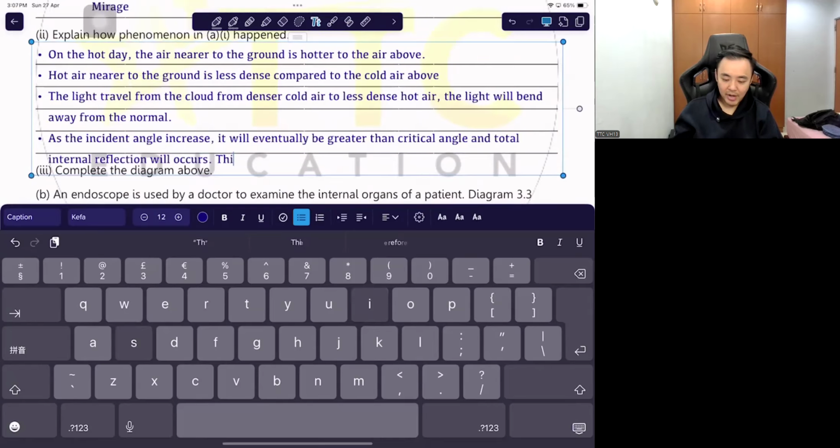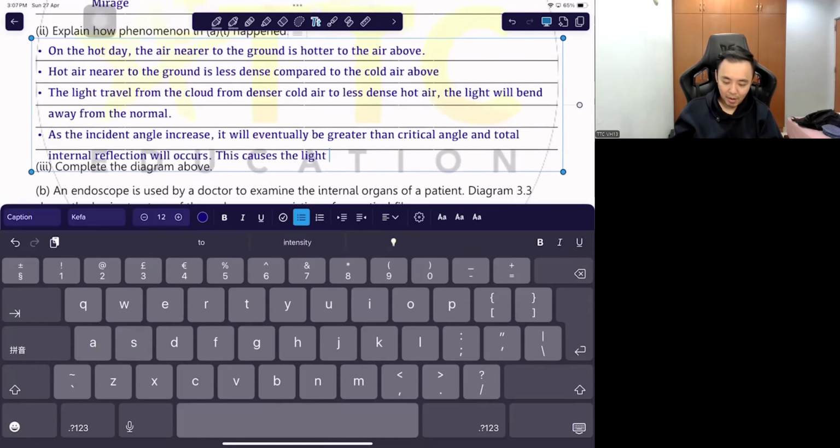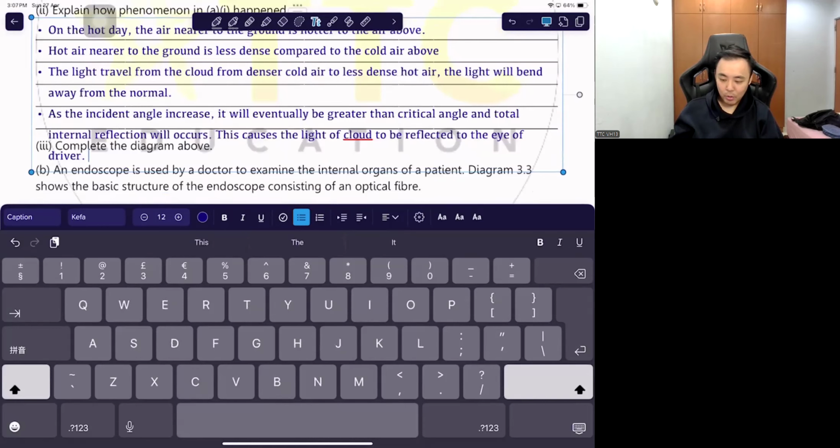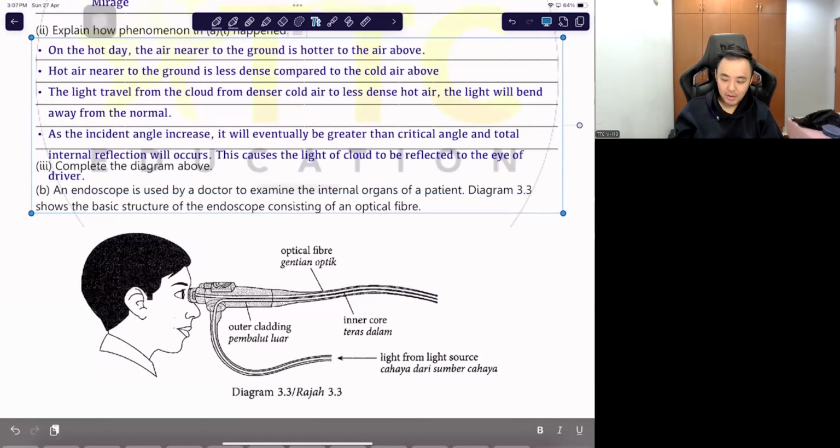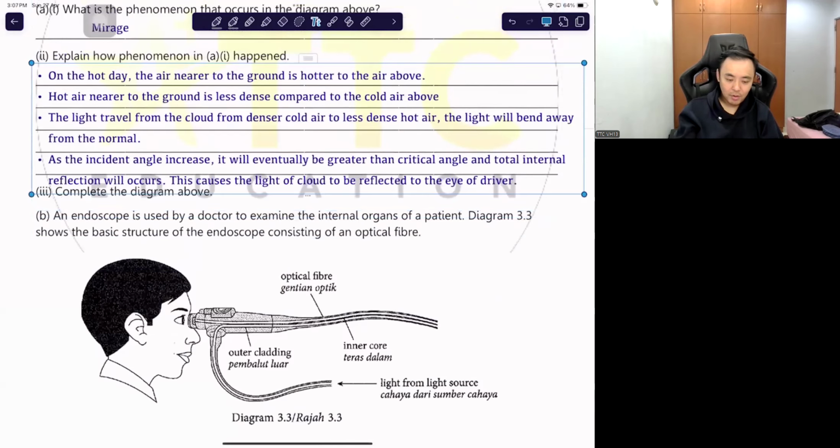This causes the light from the cloud to be reflected to the eye of the driver, and that is how you are able to see the cloud on the floor.